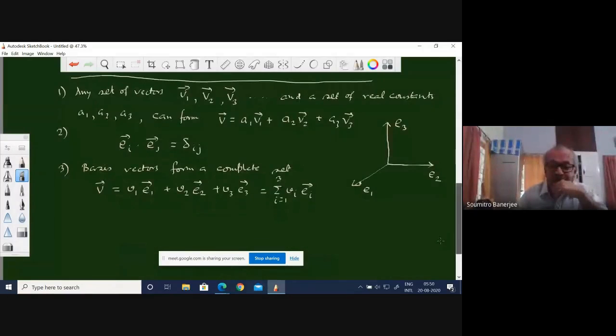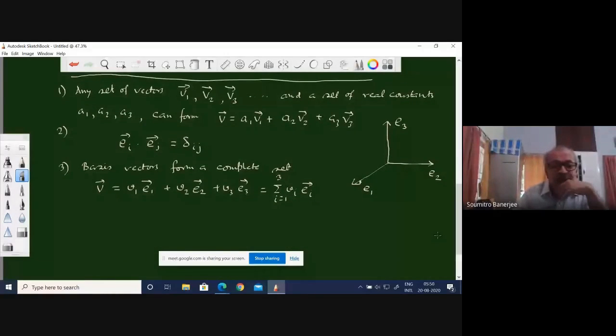And then if I have a particular vector, say V, I can find the components along E1, E2, and E3. How do we find the components along E1, E2, and E3?